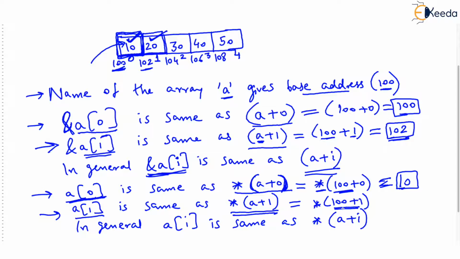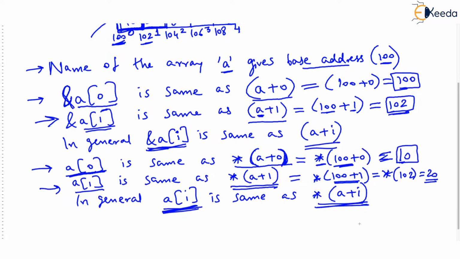And every integer we have assumed that it consumes 2 bytes. So incrementing an integer pointer by 1 will increment it by 2. So this is same as value at the address 102, which is same as 20. So indeed, in general, if you ask what is the value of AI, it is same as asterisk A plus I.